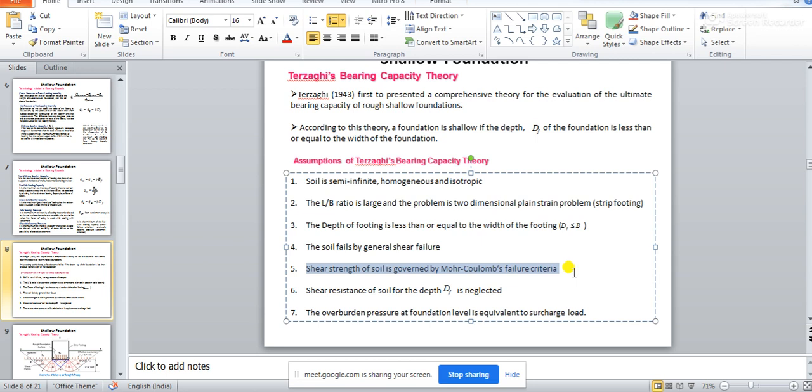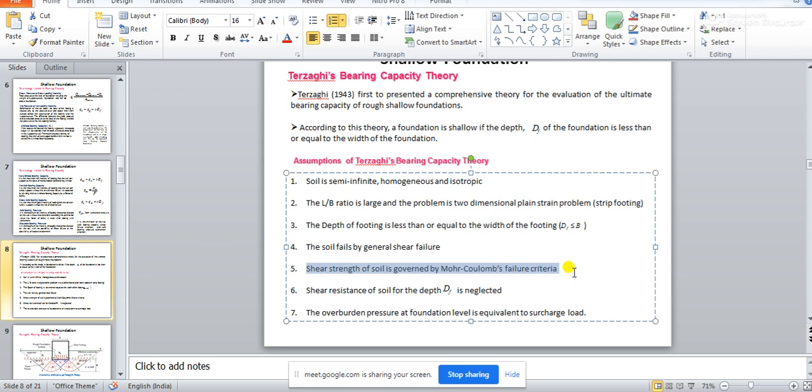and sigma is the overburden pressure in the soil and phi is the angle of internal friction. And if you plot sigma along the x axis, that is the overburden pressure, and tau, the shear stress in soil, along the y axis, then you are going to get a straight line which will have an intercept on the y axis with a value of C, and which will be making an angle of phi, the angle of internal friction, with the horizontal x axis.